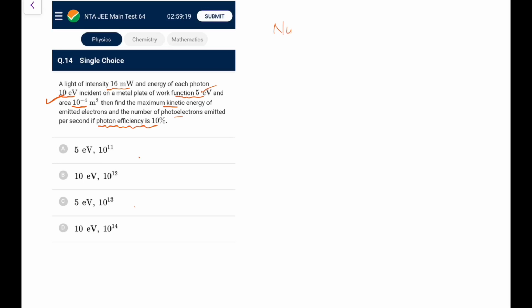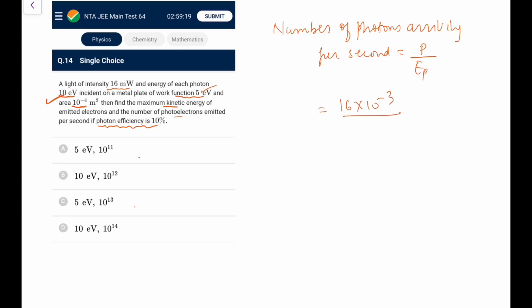First of all, what is the number of photons arriving per second? You directly write it as P upon the energy of a single photon. So power is 16 into 10 to the power minus 3, and the energy of a single photon is 10 eV, that is 10 into 1.6 into 10 to the power minus 19.